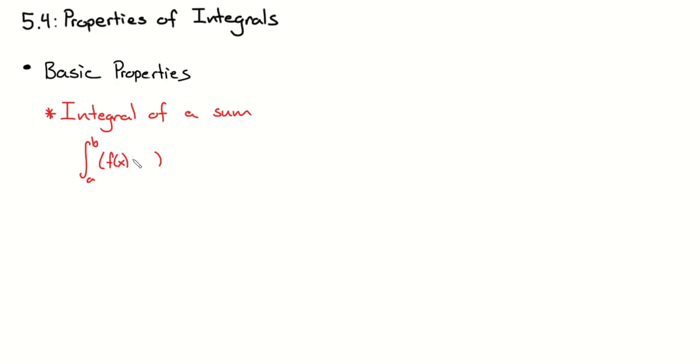G. So whether it's, I'm going to write plus with the understanding that subtracting is just adding a negative, so subtraction is covered here. If I have the integral from a to b of f of x plus or minus g of x with respect to x, what's your gut say this should be? With the fact that the integral of a sum is the sum of the integrals, what should I write here?